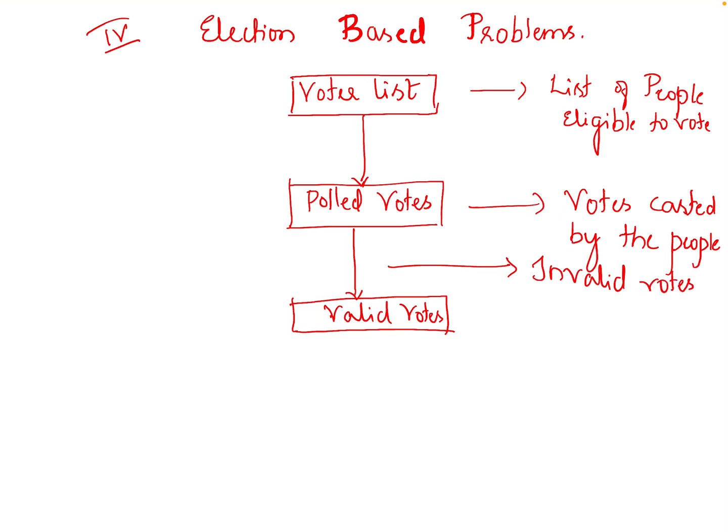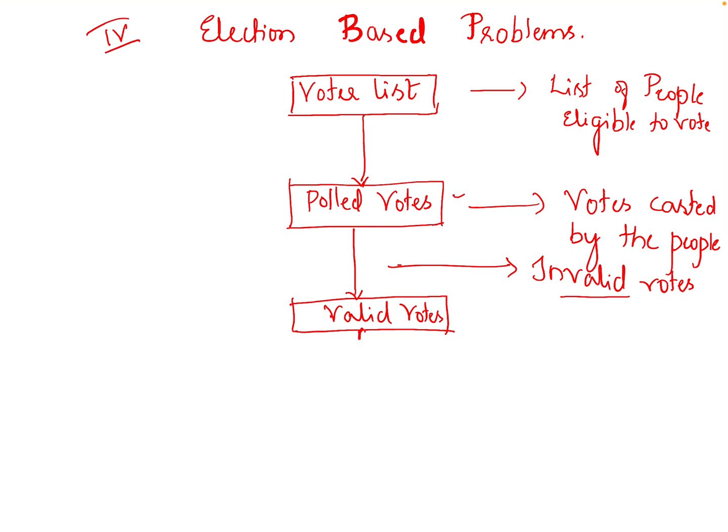Not all polled votes are valid, because some might be invalid since they might not have given a proper thumb impression, or not pressed the button properly. So from polled votes, we consider only valid votes after removing the invalid votes.